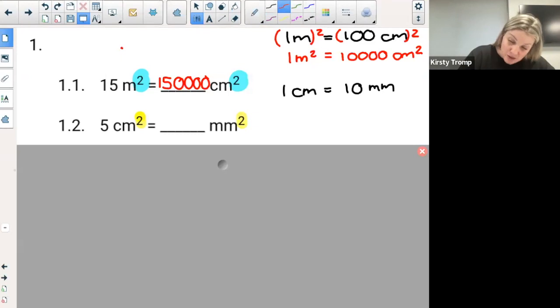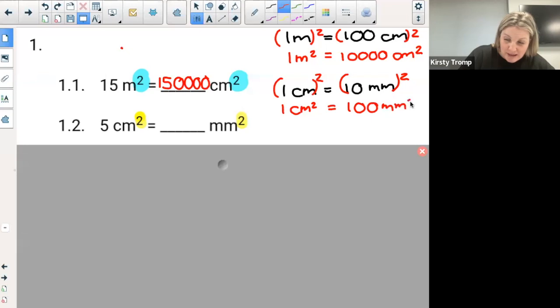So whatever we do to the one side, we must do to the other side. So we're going to have 1 centimeter squared is equal to 10 squared, which gives me 100 millimeters squared.